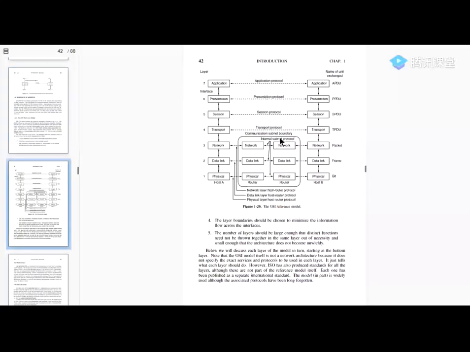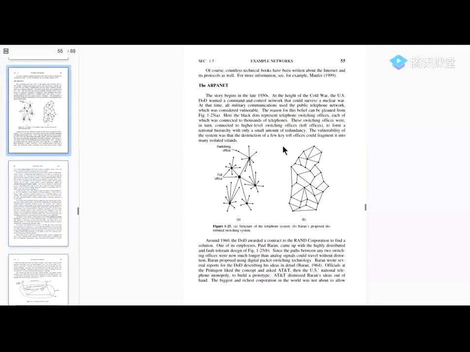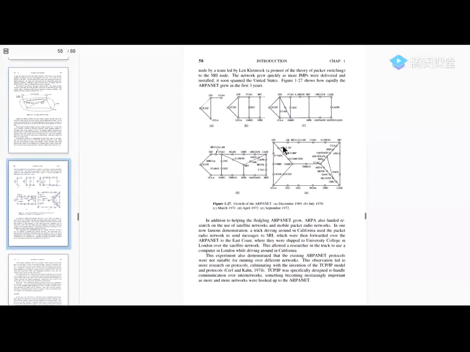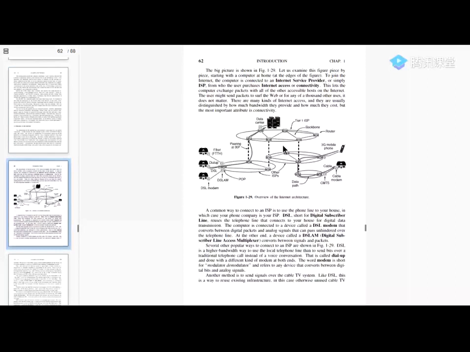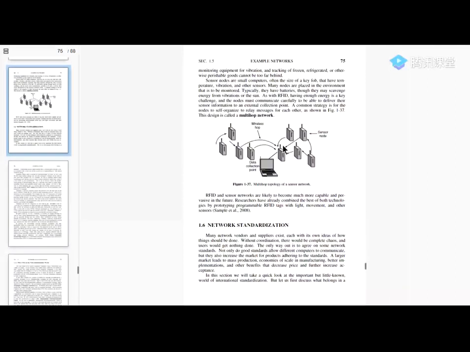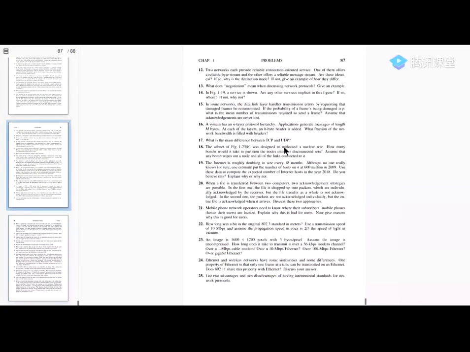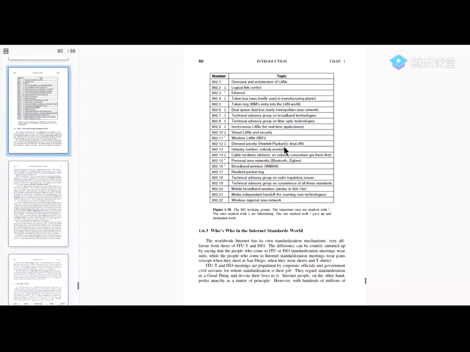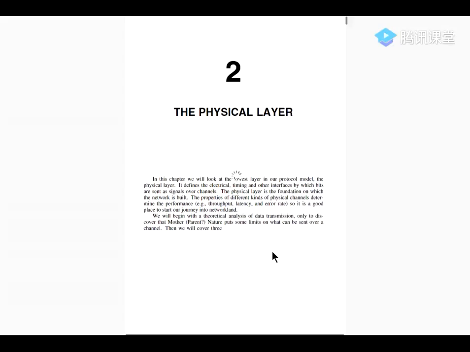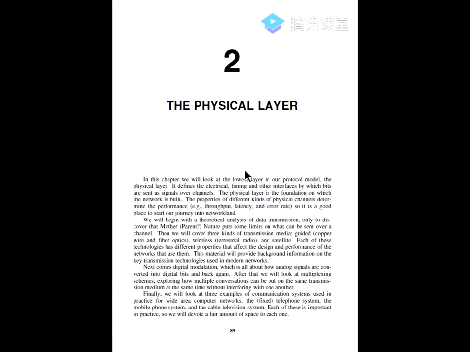Probably you can read the electric version of the textbook. You can download from the internet. And it's chapter 2.